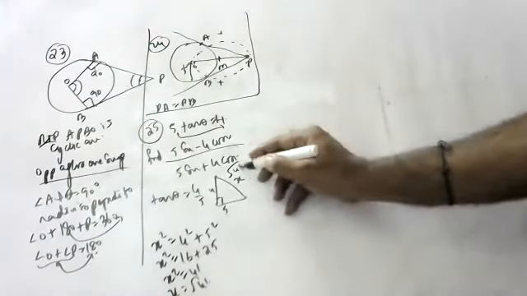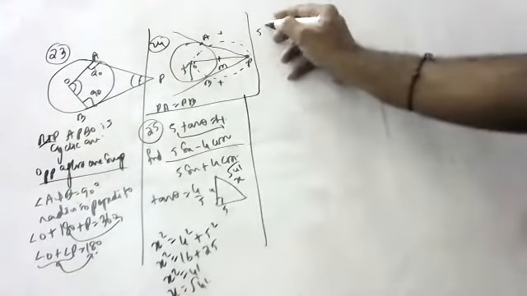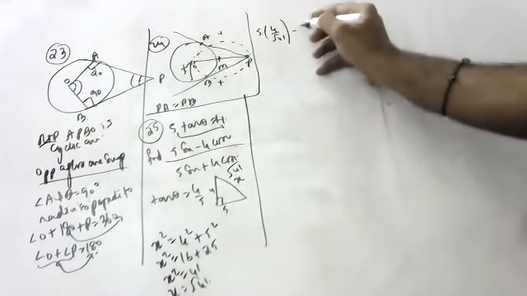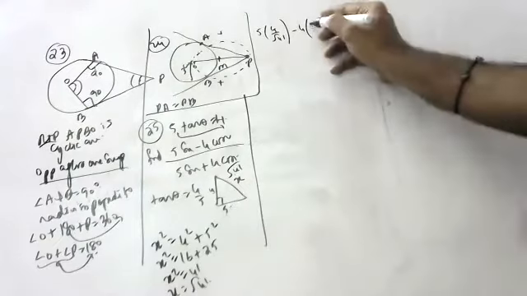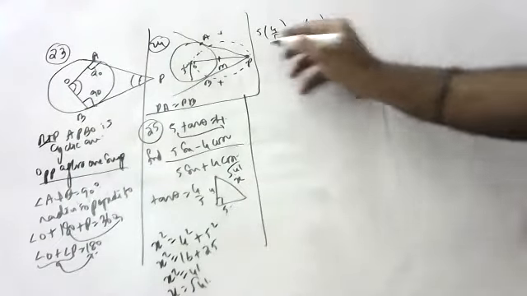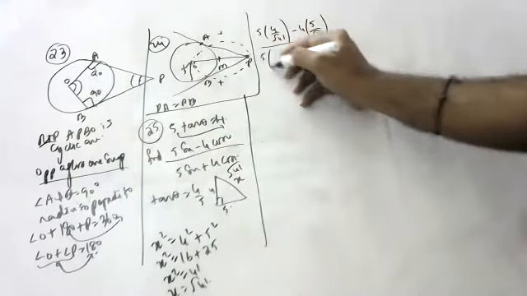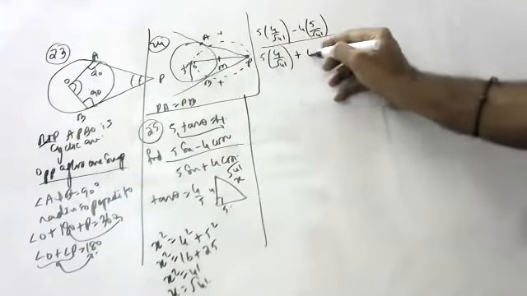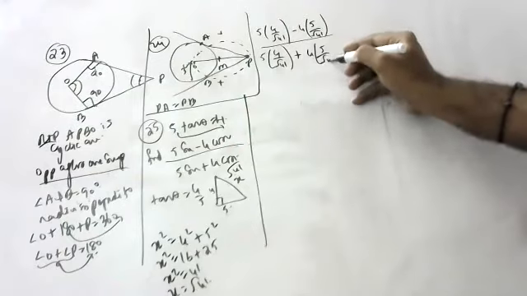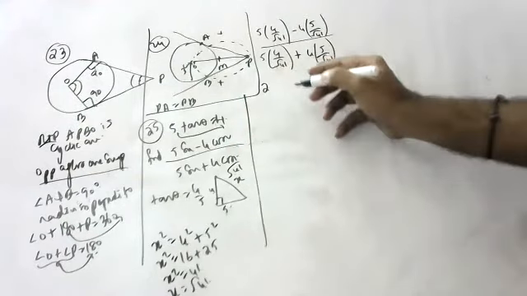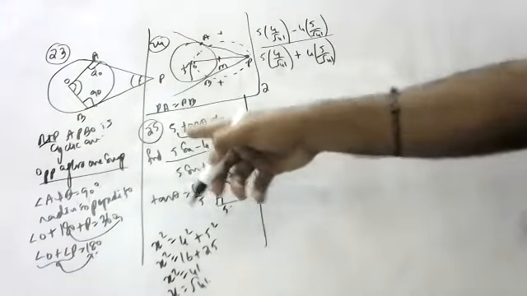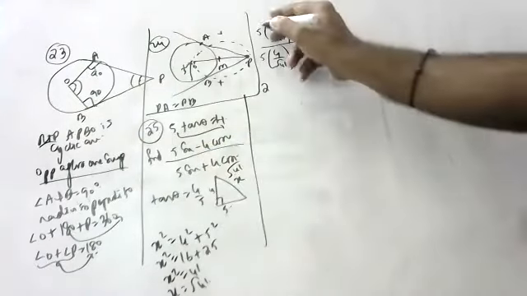This is root 41 and 5 sin theta. Opposite by hypotenuse: 4 by root 41, minus 4 cos theta, 5 by root 41, by 5 sin theta, 4 by root 41, plus 4 cos theta, 5 by root 41. Okay, 5 times 4 is 20.